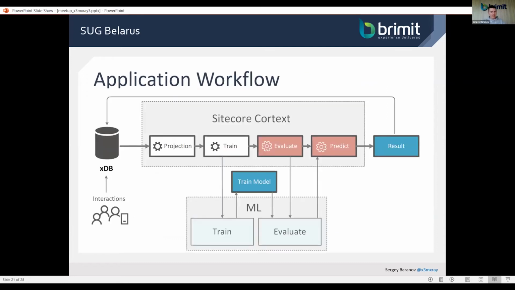Okay, it's a little bit of explanation of the workflow of my application. Let me explain. As a start, we have xDB. Then in our processing engine, we create a projection that extracts all interactions of all our customers.